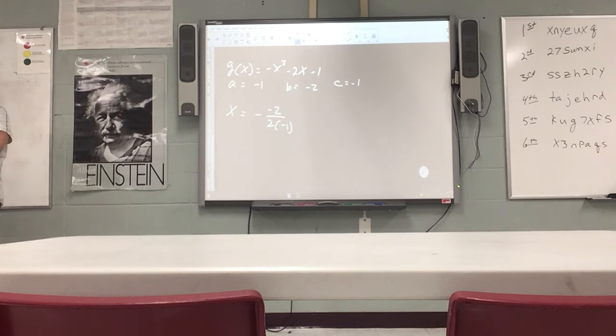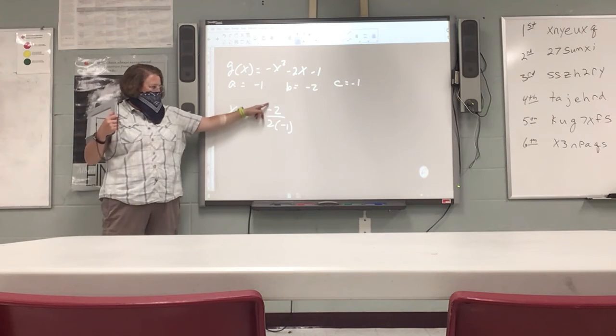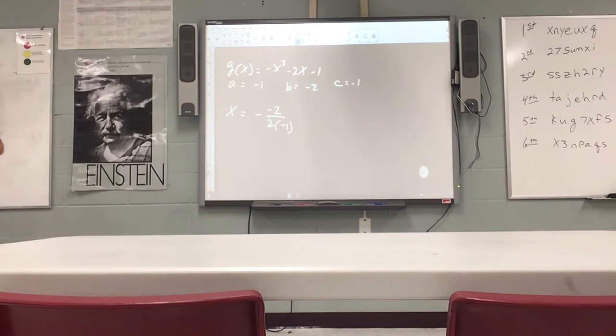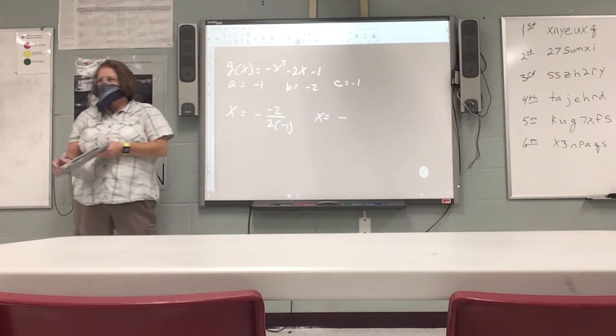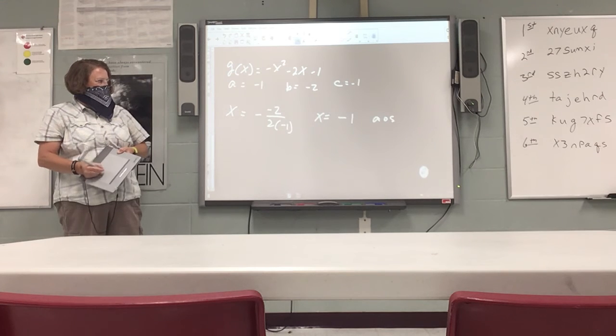The negatives aren't just going to all cancel out here, are they? A negative divided by negative will make a positive, but then divided by another negative turns it back negative. So our x is going to be negative 2 divided by 2, negative 1. Okay, so there's your axis of symmetry.